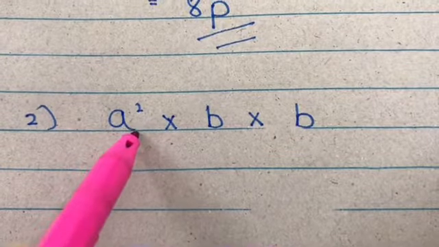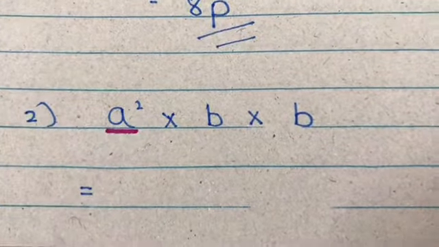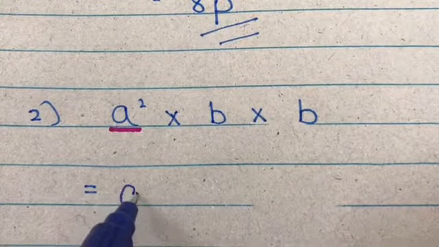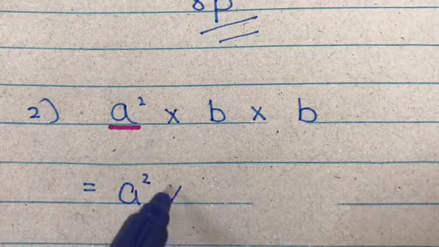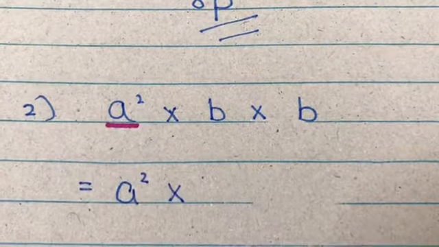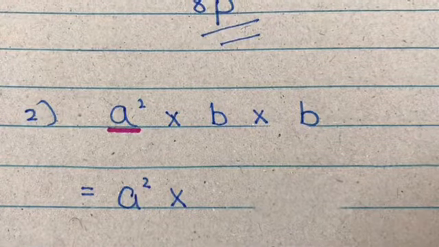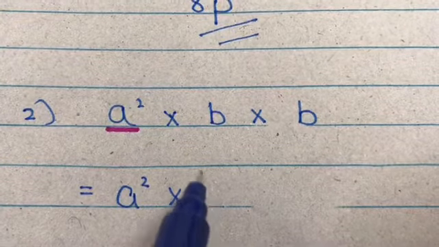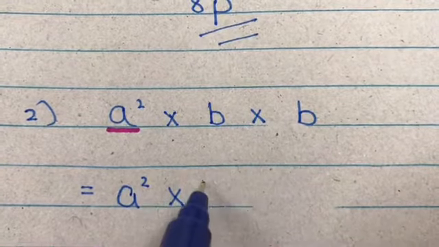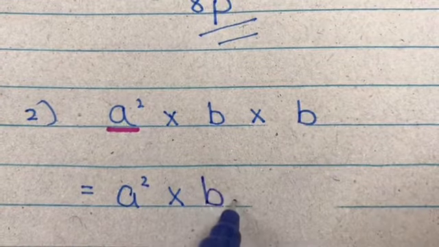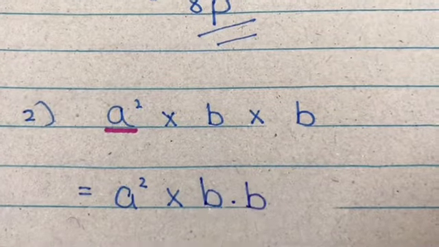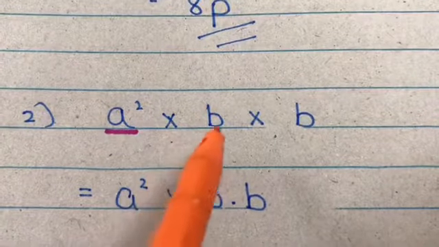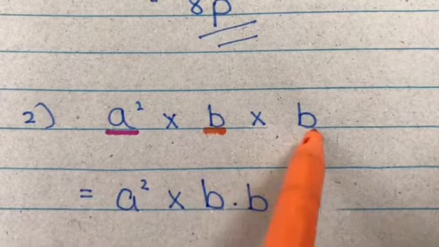Now, a squared exists only one time, so you copy it down as a squared. Multiplied by, now we have no numbers, so we are just going to write down the letters. Now this becomes b dot b. I can use a separate color for this, b dot b.